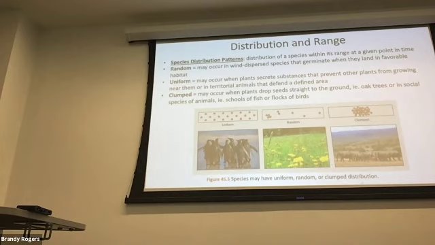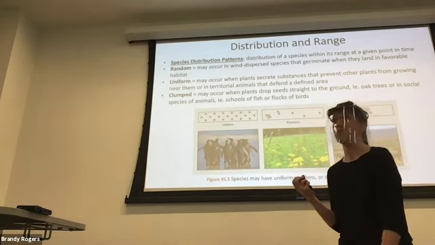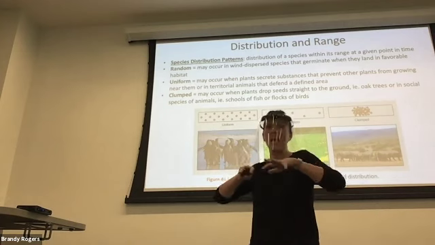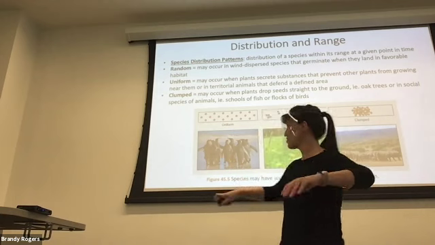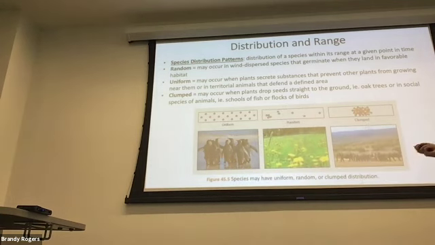Territories. Yeah, absolutely. So you can see this happen when plants secrete substances that prevent other plants from growing near them. Okay, so some plants will do that. They actually put chemicals out into the soil that make them have like a boundary around themselves. They exclude others, so they decrease competition. Or territorial animals, those who defend a particular area, right?